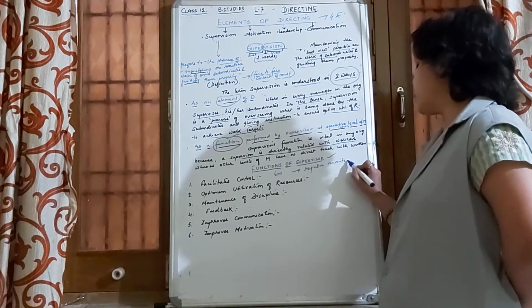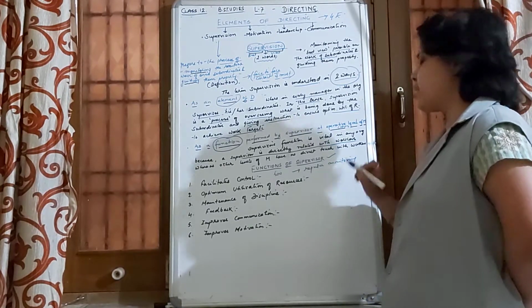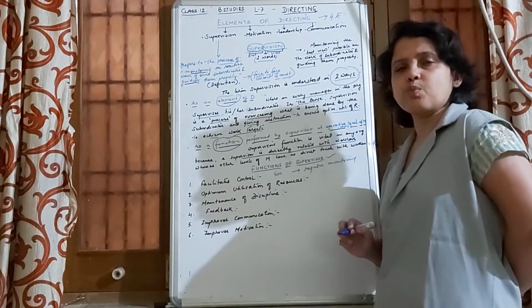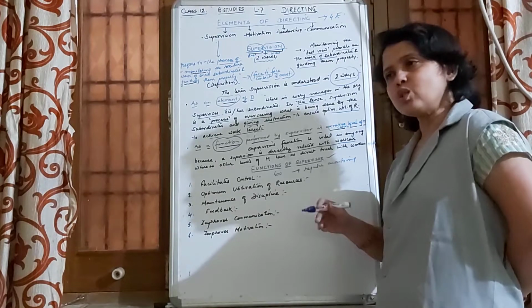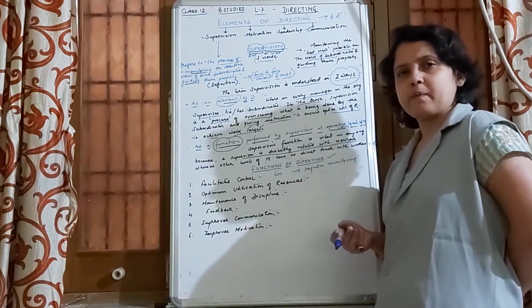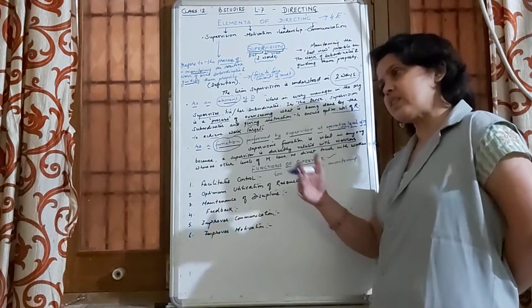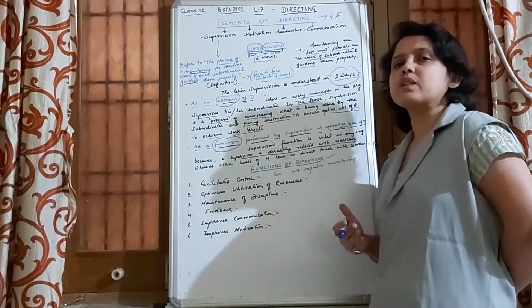Once regular monitoring of the work is done, the supervisor keeps a check on how the work is being performed and tries to see that the work is being performed as per the standards.